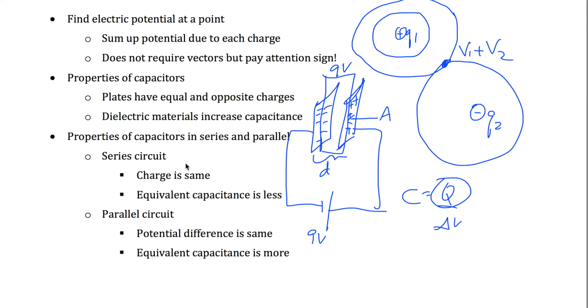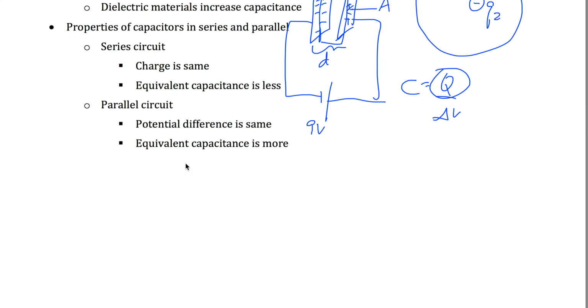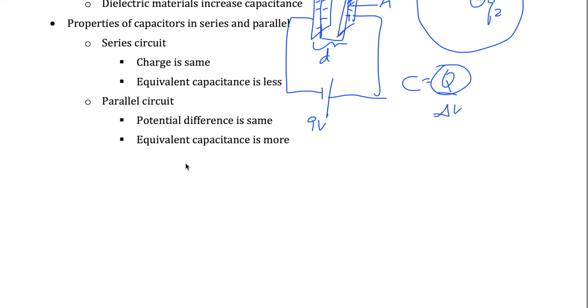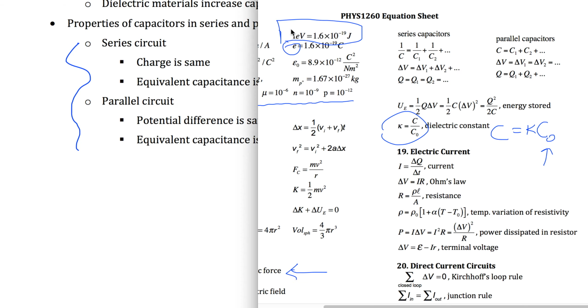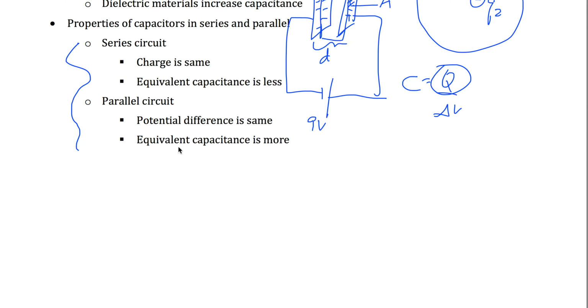And let's look at the properties of capacitors in series and in parallel. These bullets here are reminding us of what these equations here are saying. If your capacitors are hooked in series, series looks like this.